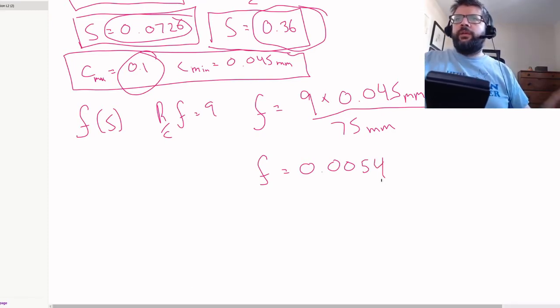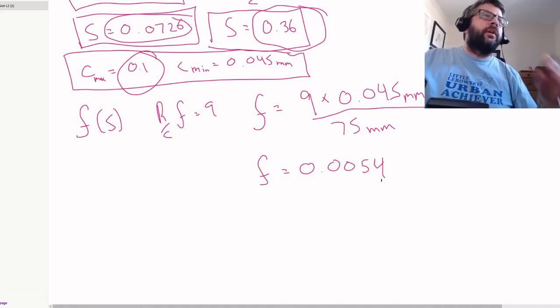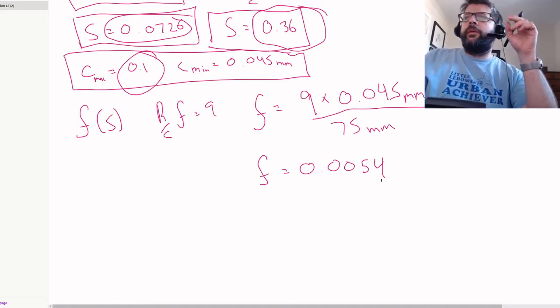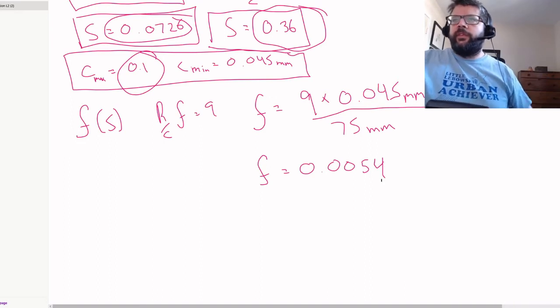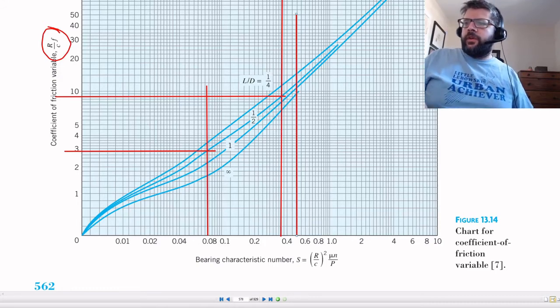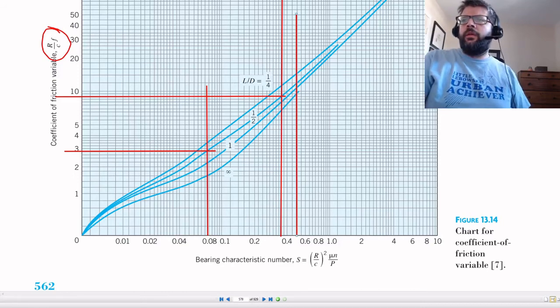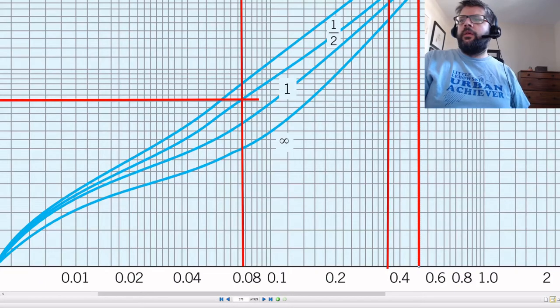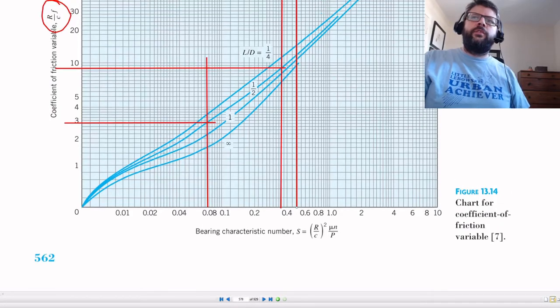So the next one we need to do is the one that corresponds to the S value of 0.0726 or 0.072. So looking at this chart here, we're looking at about 2.8 for our coefficient of friction variable.